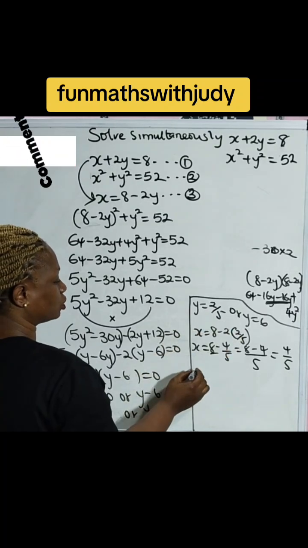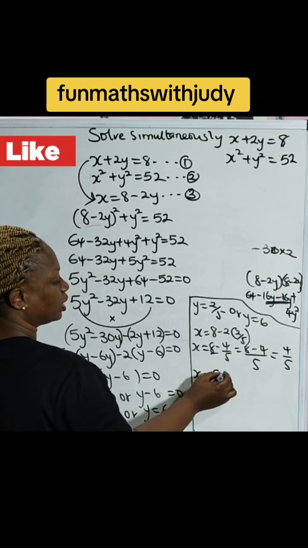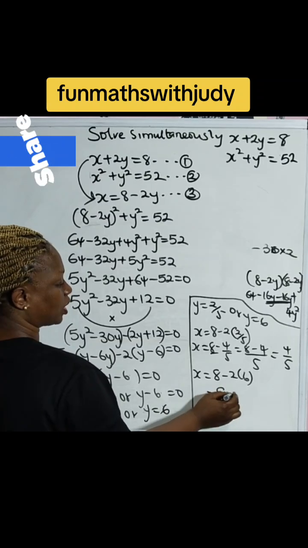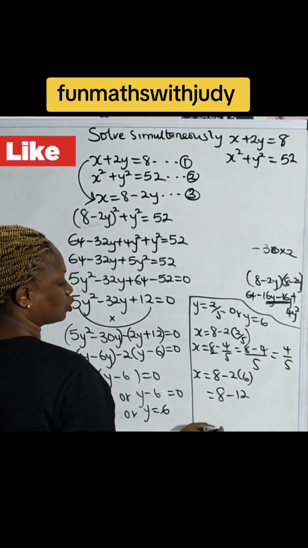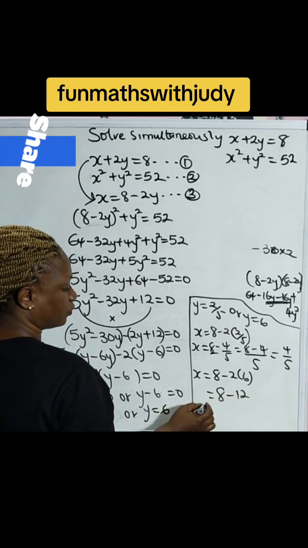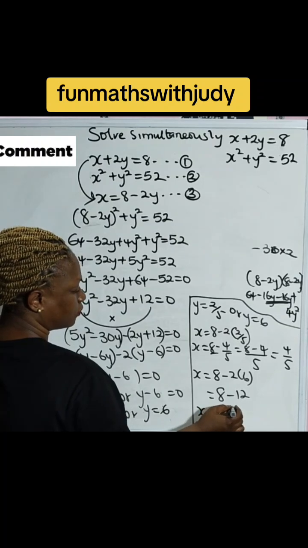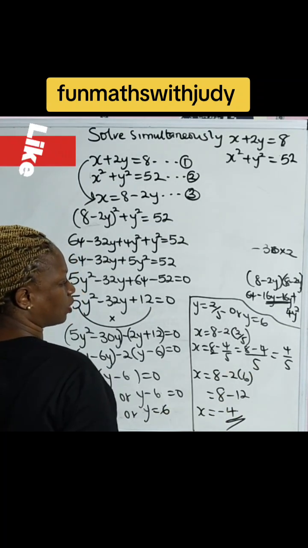Now when y is equal to 6, x is equal to 8 minus 2 bracket 6. Now this will give us 8 minus 2 times 6 is 12. So 8 minus 12 will give us x equal to minus 4. Now these are our values.